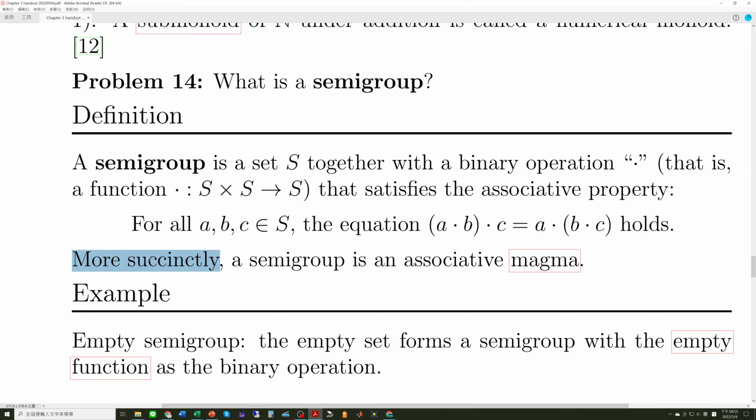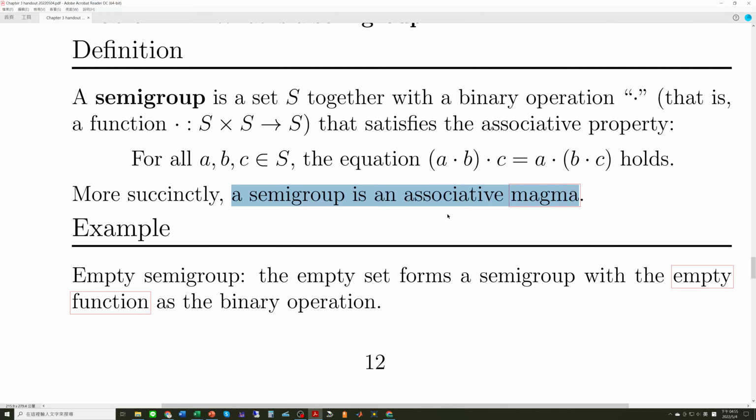More succinctly, what is succinctly? Succinctly means you say something in a short way. A semigroup is an associative magma. We will introduce what a magma is later.